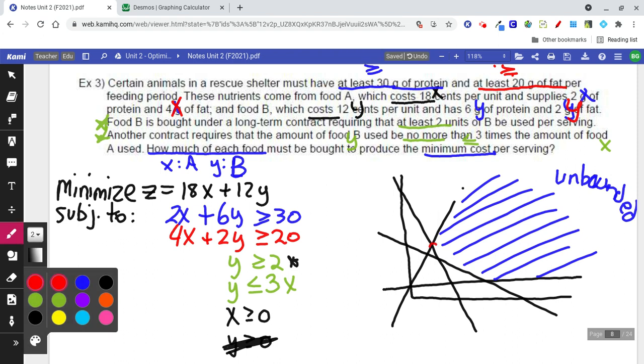And we had corner points here and here and here. So this one was 2, 6, and this one was 3, 4, and this one, 9, 2.